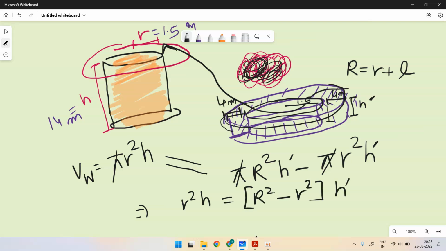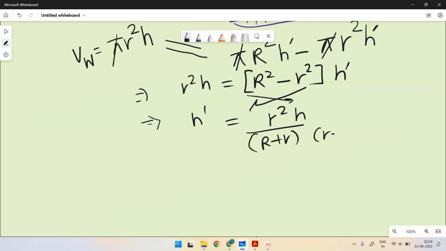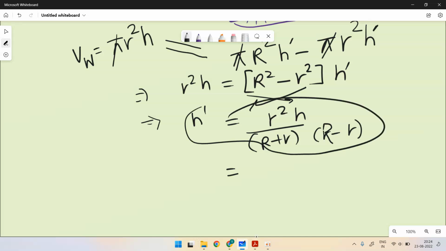Never calculate a square and b square separately when you get a square minus b square. You know a square minus b square is a plus b into a minus b. So h dash equals r square h by R plus r into R minus r. Solve this and you will get this answer, in meters.